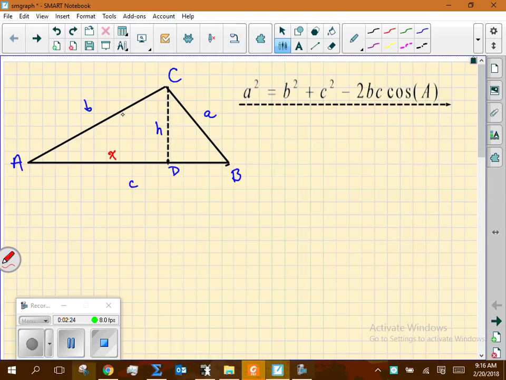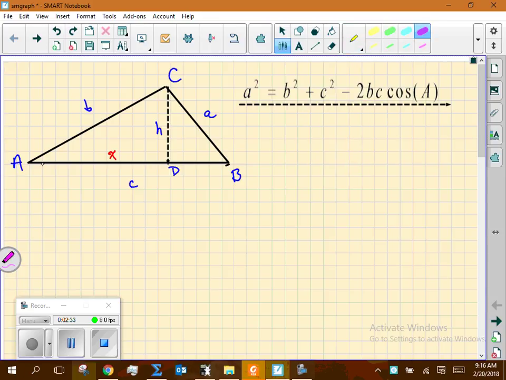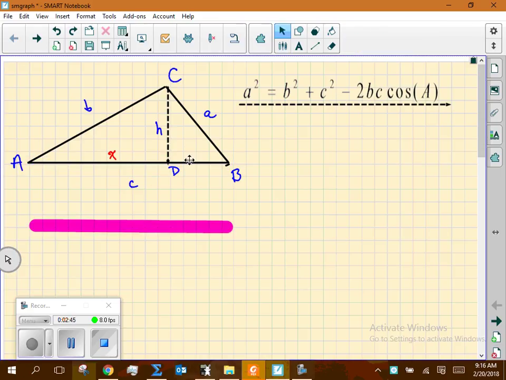So that's A to D. Now, if this distance x plus this distance DB need to add up to c, don't they? So what could I call DB? c minus x. Do you agree that c minus x plus x gives me c?